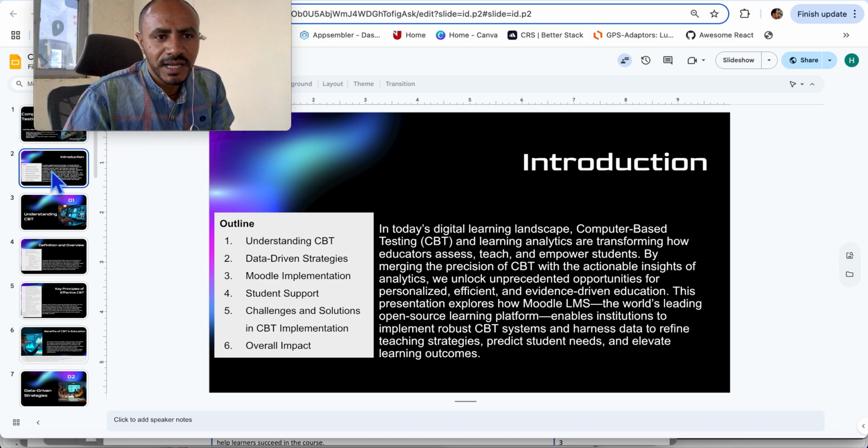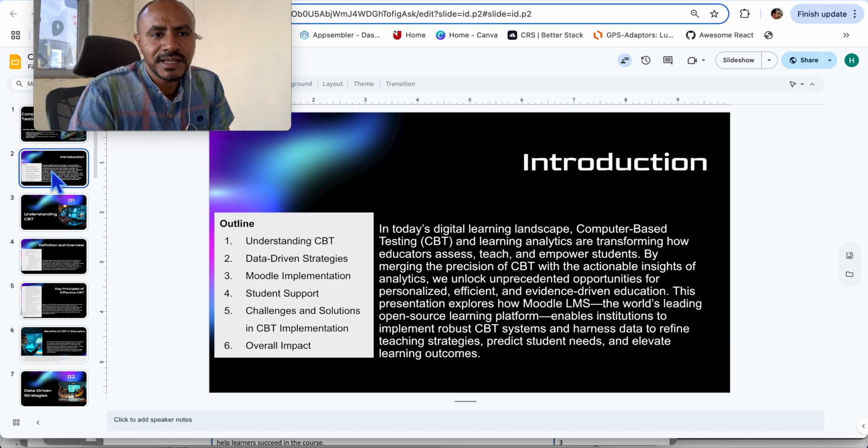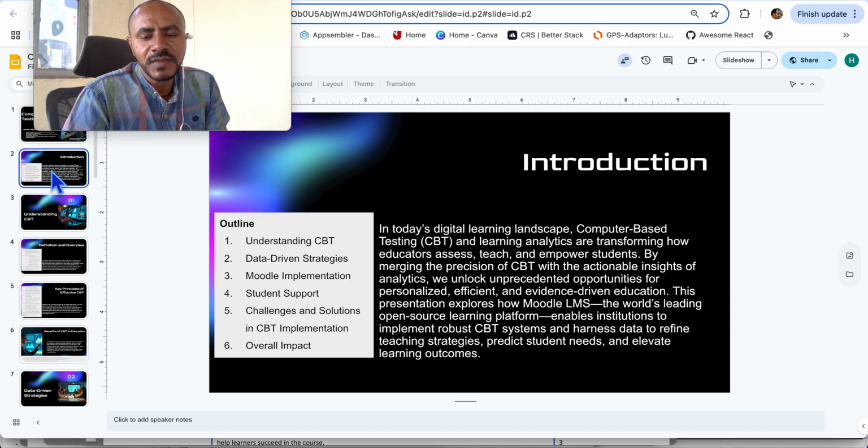And following these assessments, CBT exams and the LMS systems that we utilize for this have a capability to easily provide you with report data that you can easily take actions upon. You can extract patterns.